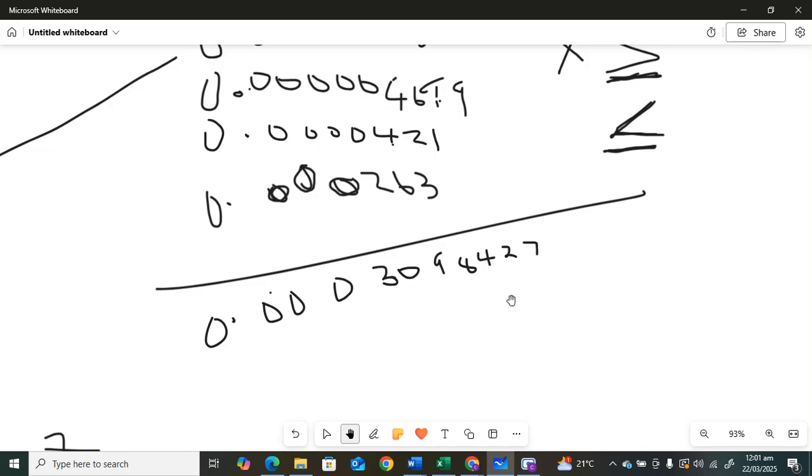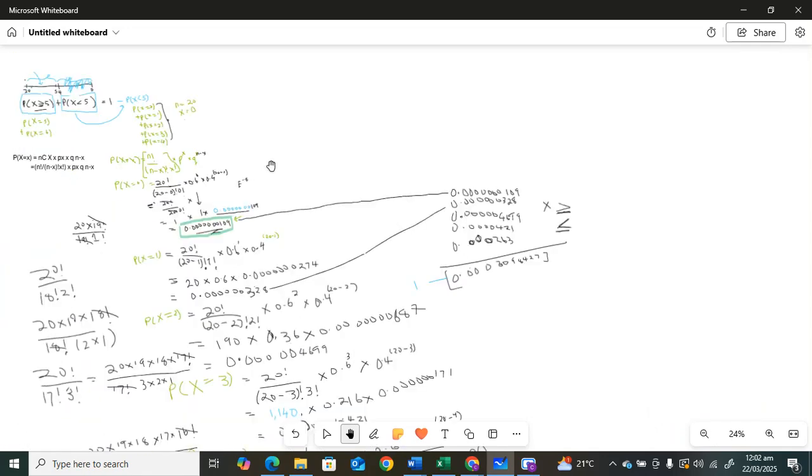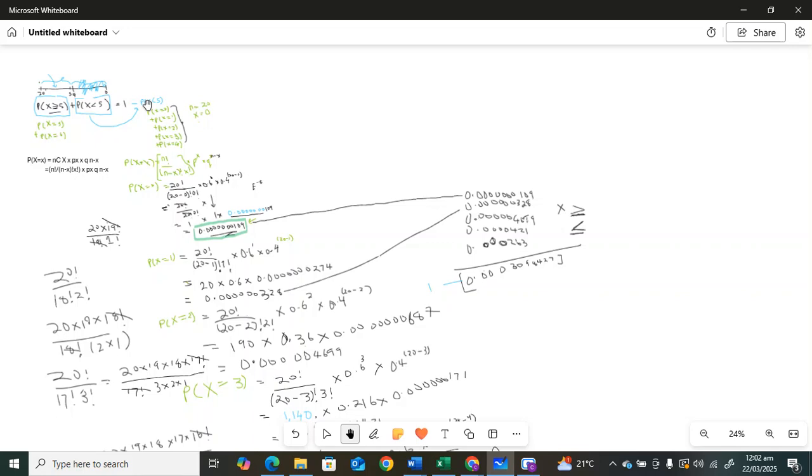Okay, madam. So subtract this number from 1. Do 1 minus this number. Because remember, according to the formula here, it is 1 minus the probability that less than 5 students prefer working in the banking industry. So 1 minus this number.